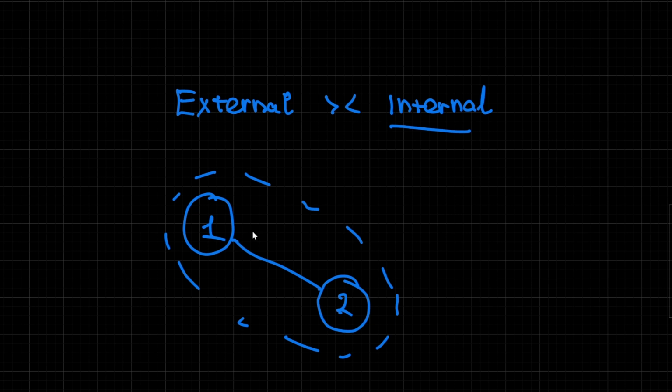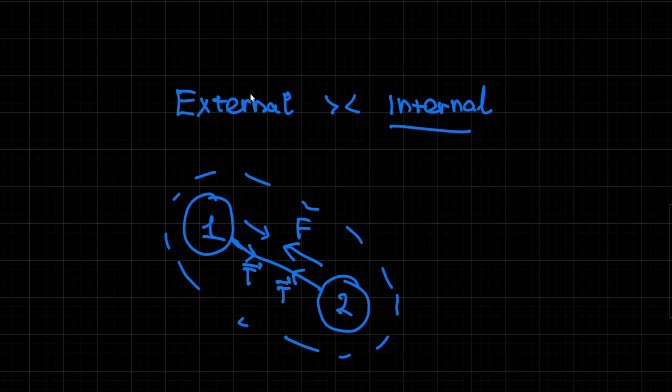Maybe it's not really important, but I can technically say that because they have gravitational force pulling each other, that's an internal force. Or maybe this is a string, right? So there's some force on the string too. That's internal too.